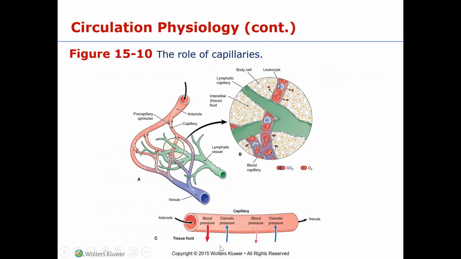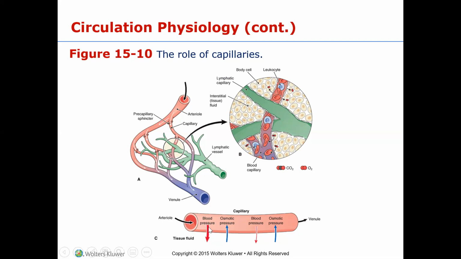So here we have the main process for capillary exchange, again, is by diffusion. However, we do have some osmotic pressure as well as some blood pressure that is helping in that exchange. And if you notice, blood is moving through from the arterioles to the venules, and the blood pressure is higher at the start.